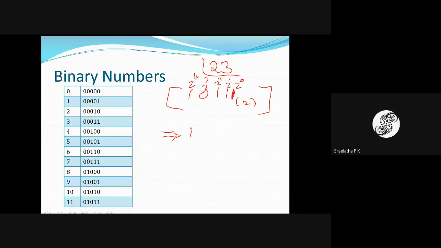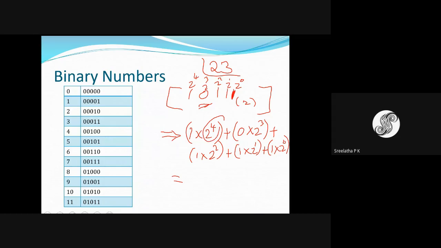So it is 1 into 2 power 4 plus 0 into 2 power 3, it is 0 here, plus 1 into 2 power 2 plus 1 into 2 power 1 plus 1 into 2 power 0.